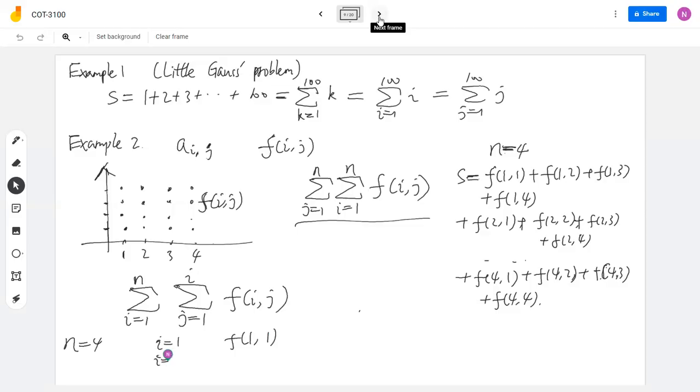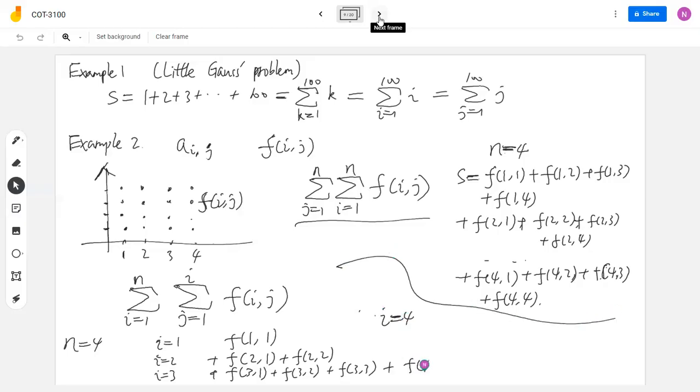So i equals 2, I'm going to have plus f21 plus f22. And i equals 3, I'm going to have f31 plus f32 plus f33. And finally, i equals 4, I'm going to have f41 plus f42 plus f43 plus f44.